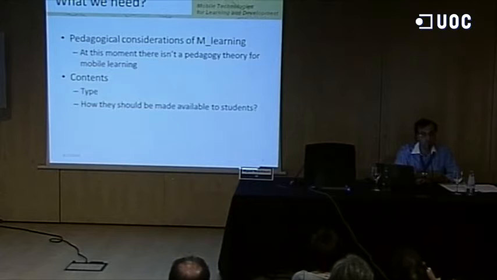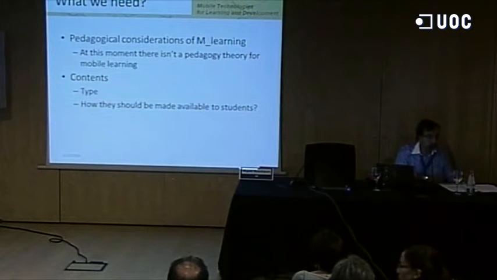If you use a laptop or a PC, you can use all types of content. But if you are using mobile devices like an iPhone or other, it's complicated to introduce all kinds of contents. But the question is how they should be made available to students.